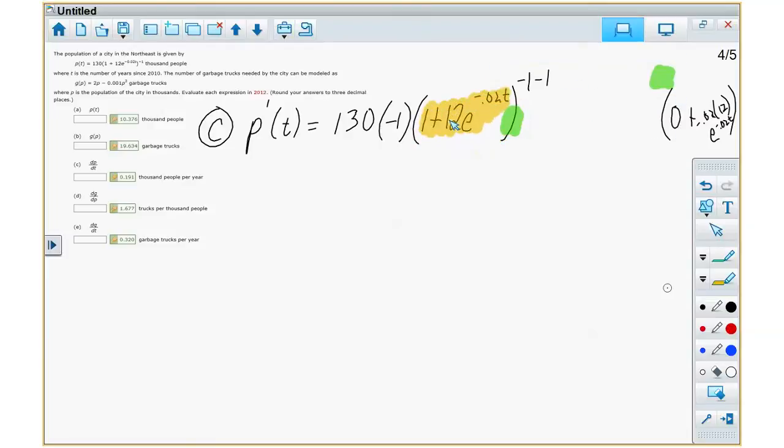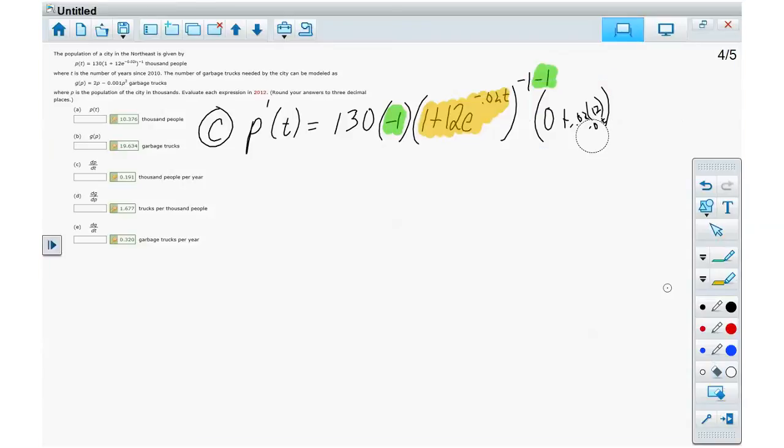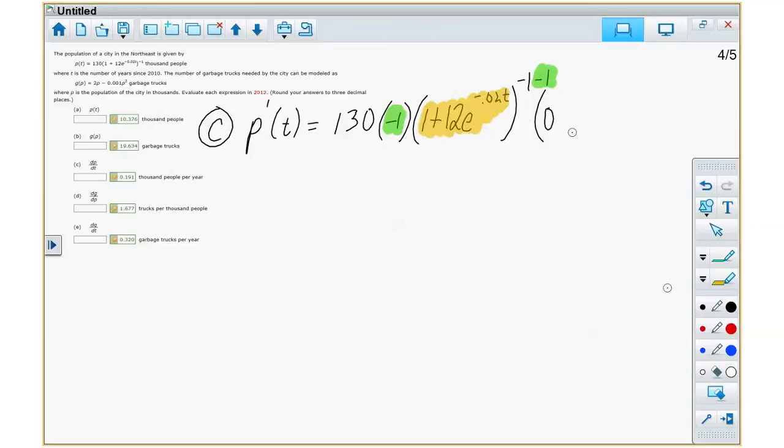Trying to move everything over. The derivative of what's inside is 0 plus -0.02 times 12 e to the -0.02t.